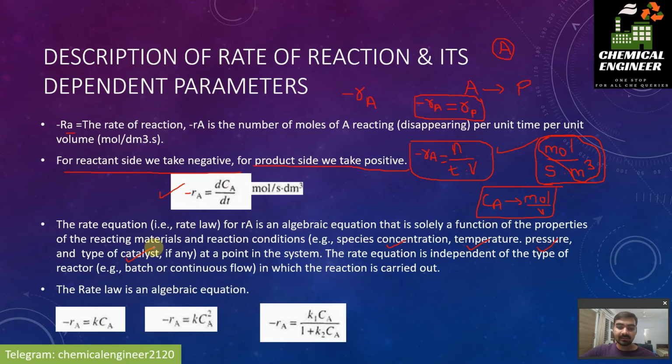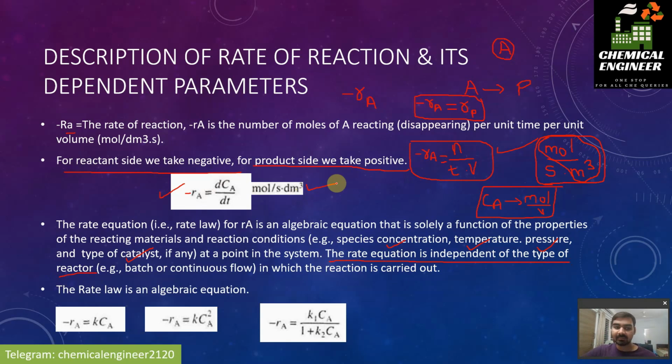So T, P, X, Y, and type of catalyst and its suitable conditions. These six things are important to change the rate of reaction. Okay, clear? Now the rate equation is independent of the type of reactor. So this equation remains a universal truth, it doesn't change with the type of reactor.